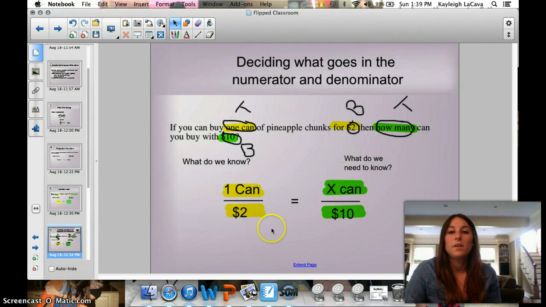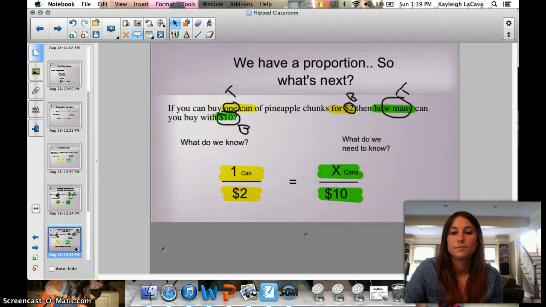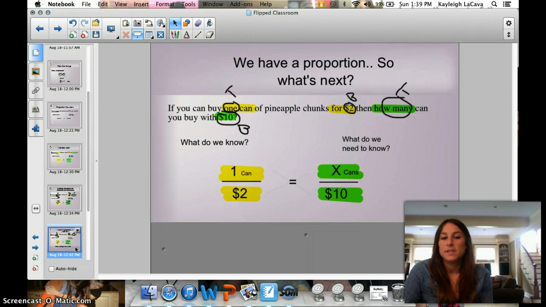So here we've decided what goes on the bottom and what goes on the top. So we have our proportion. Cans are on the numerator, and the dollars are on the denominator.